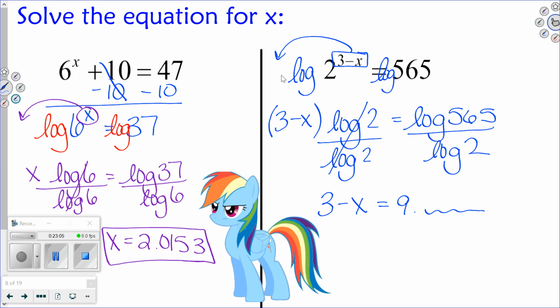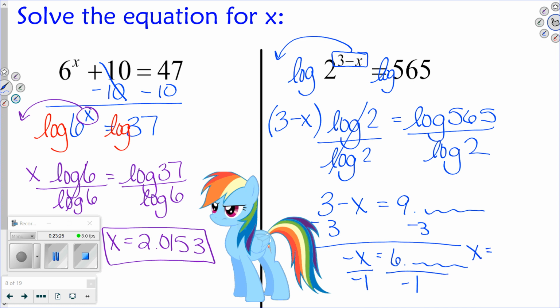I have to subtract 3. So minus 3, I'm just going to hold it in my calculator, right? And it gives me 6 point something something. And then what? Divide by negative 1. So we end up with a negative 6.1421.